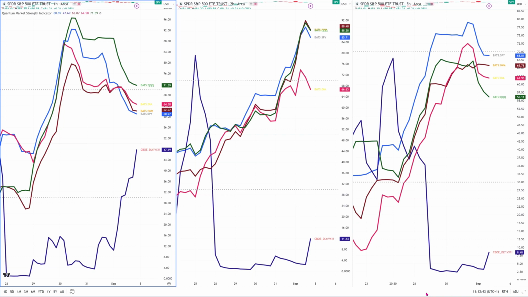Or alternatively, we're jumping into an existing trend where the steepness of the line describes that very clearly. Those are certainly two ways to use the market strength indicator.